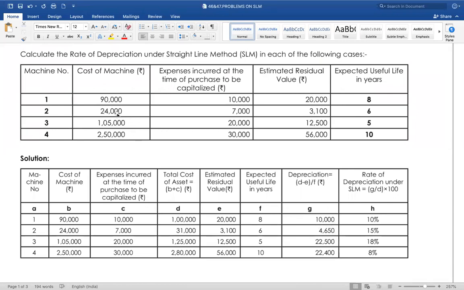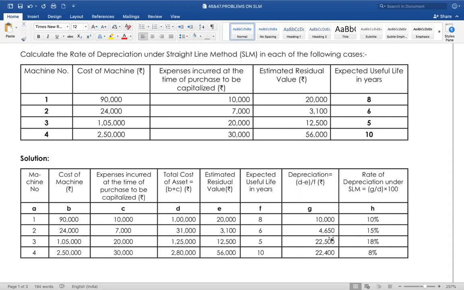And similarly, 1,05,000 is the cost of machine 3, and the expenses 20,000. 1,25,000 is the total cost of the machine, and reduce the scrap value 12,500. 125 minus 12.5, 1,12,500, divided by 5 gives you 22,500.